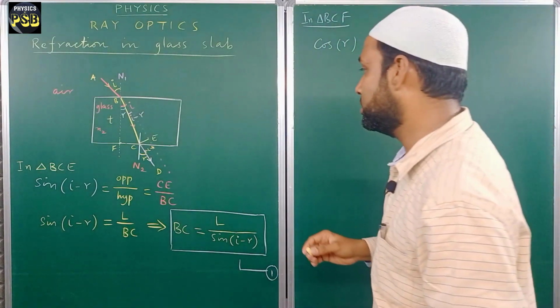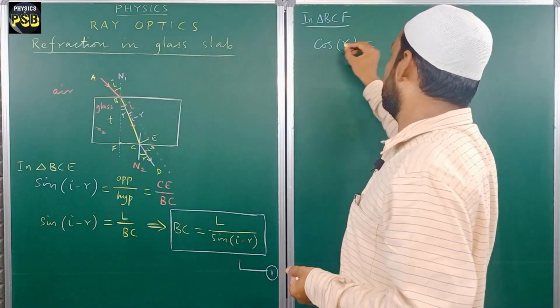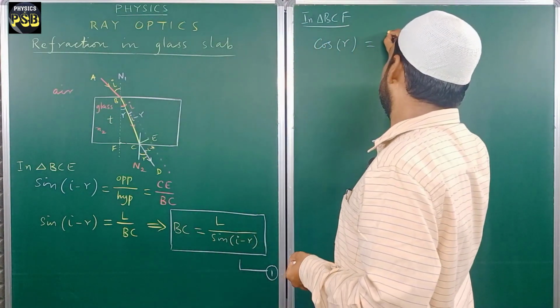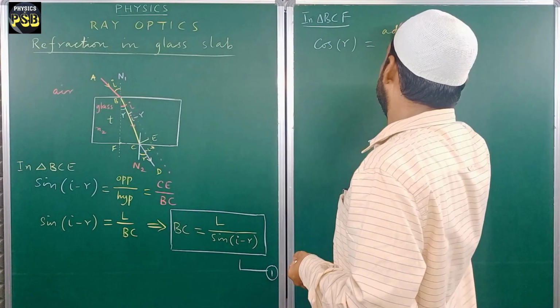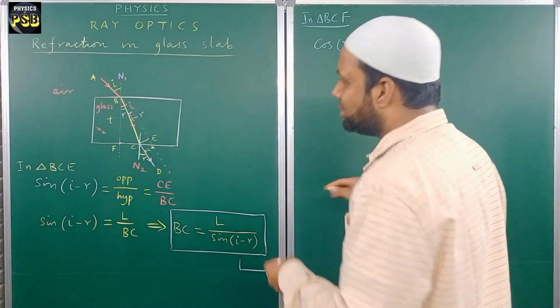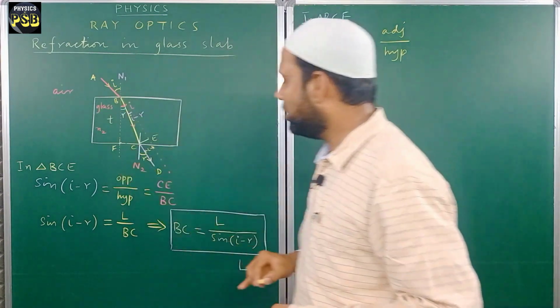Let's see, what is this? Here, cos of this angle is nothing but adjacent side divided by hypotenuse. What is the adjacent side here?